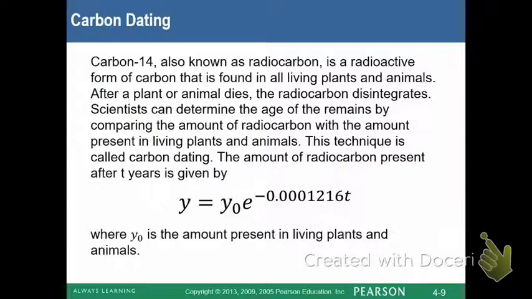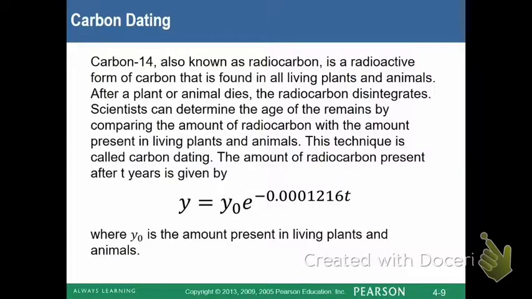I think this is so cool. Here's the equation, so go ahead and write that down in that box. For this type of problem, y sub 0 is going to be the amount of that radiocarbon that is present in a living plant or animal. All right, t is going to be the number of years still.